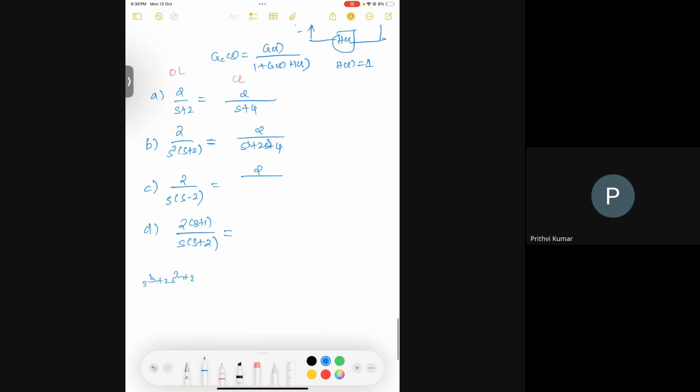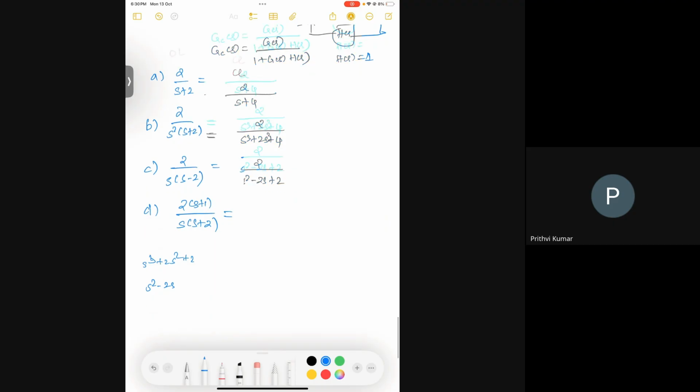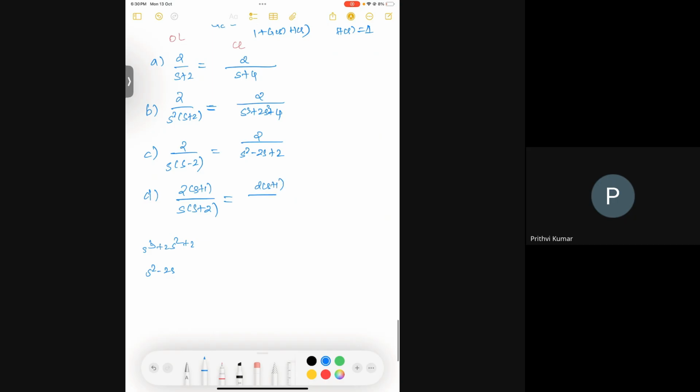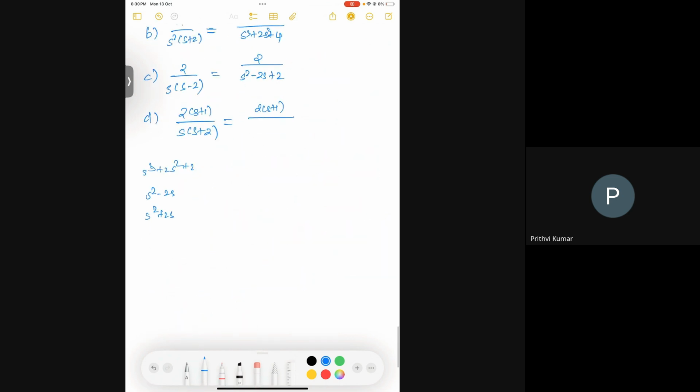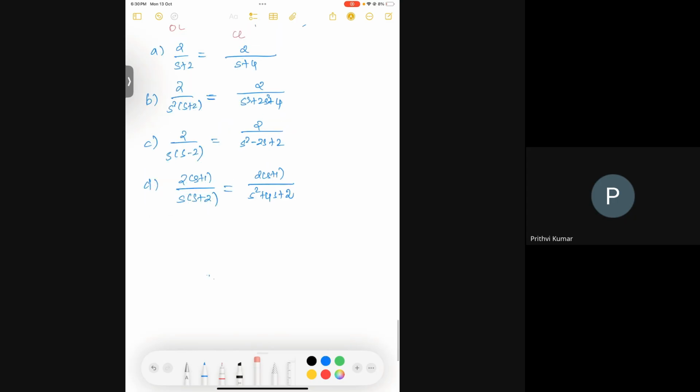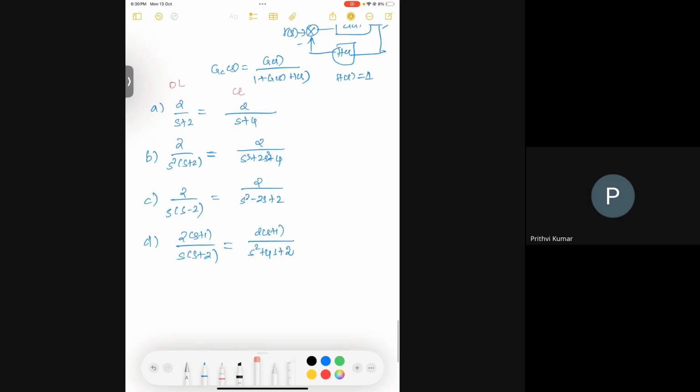Then 2 into s plus 1 divided by s square plus 2s plus 1 plus 2s plus 2, which becomes s square plus 4s plus 2, right? Please let me know if you have any discrepancies with what I found. I might be wrong, so don't rely on whatever I solved. Solve by yourself. I'll give one minute and let me know if it is wrong.